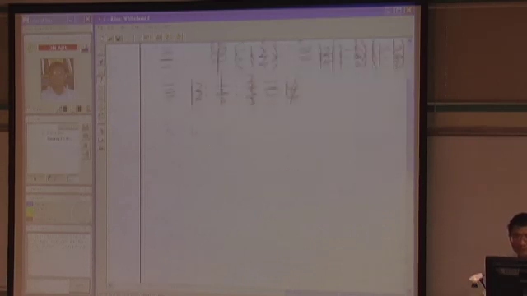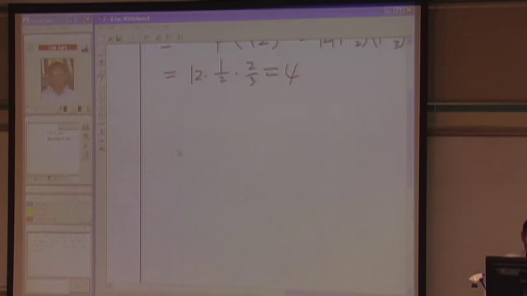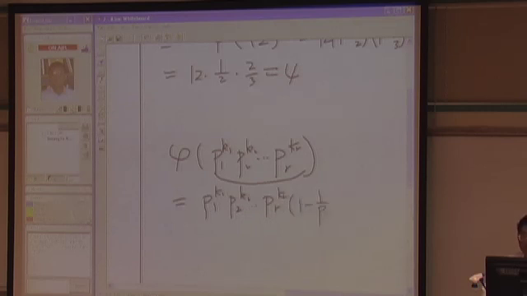Phi of a number, for instance, with prime factorization p1 to the k1 power, p2 to the k2 power, and pr to the kr power, is that number multiplied by 1 minus 1 over p1, 1 minus 1 over p2, and 1 minus 1 over pr.